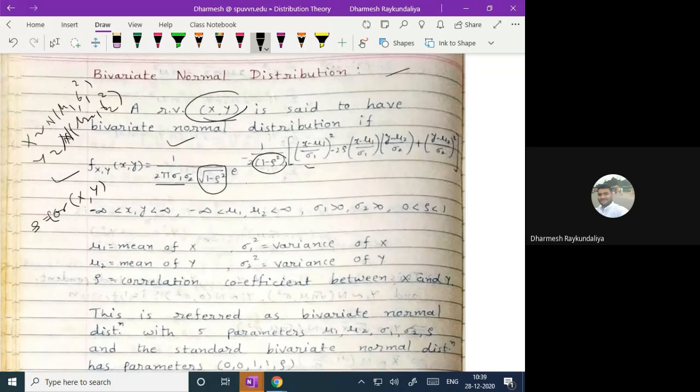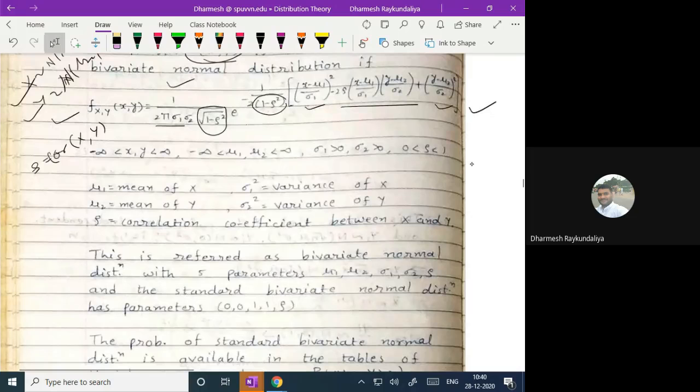This part was there earlier, but this part will be added, that is minus 2 times rho (x minus mu 1) upon sigma 1 (y minus mu 2) upon sigma 2. If you take rho equal to 0, then the correlation between X and Y is 0, so we say that X and Y are independently distributed, with X having this and Y having this. But in short, this is the PDF.